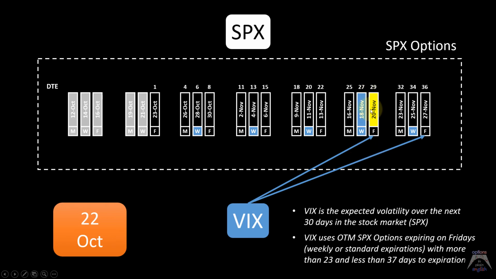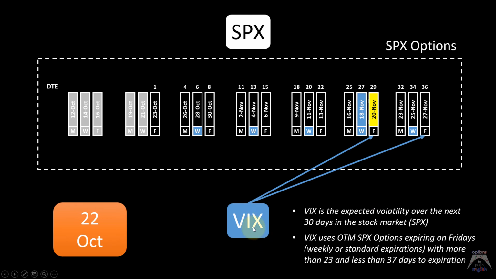And once you have the variance via a variance swap, you can calculate a volatility. Volatility is the square root of the variance. And then once you have these two volatilities, you do the interpolation, and then you get the constant 30-day measurement of volatility, which is the VIX.